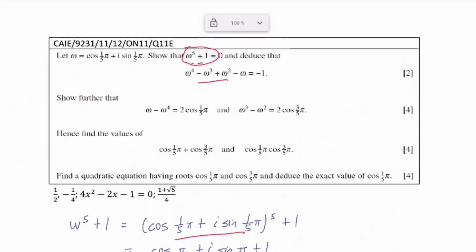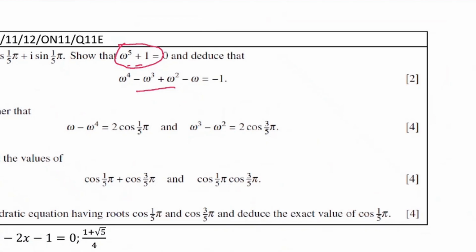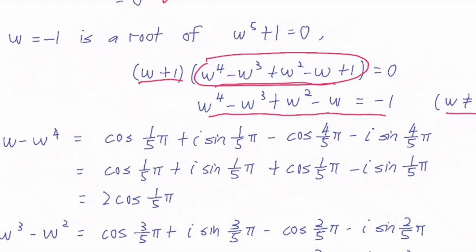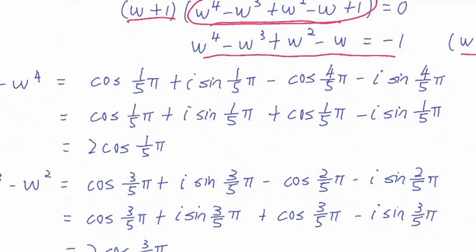And we want to find the rest of it: omega minus omega^4, omega^3 minus omega^2. So omega minus omega to the power 4 gives us something like this here. What happens is we are changing between angles in different quadrants.